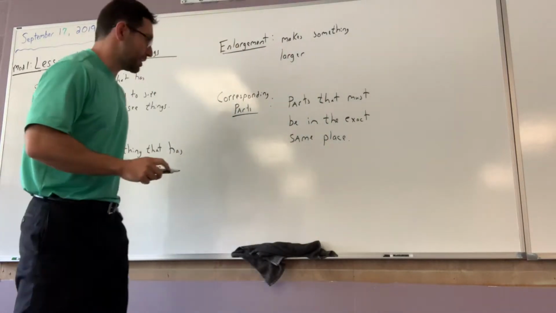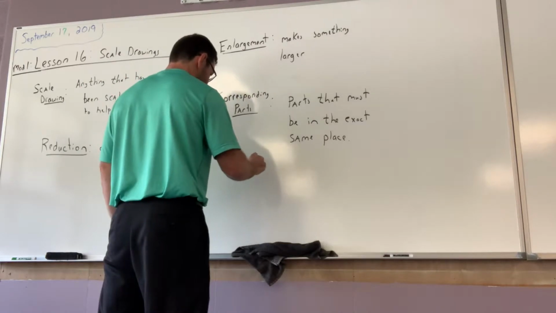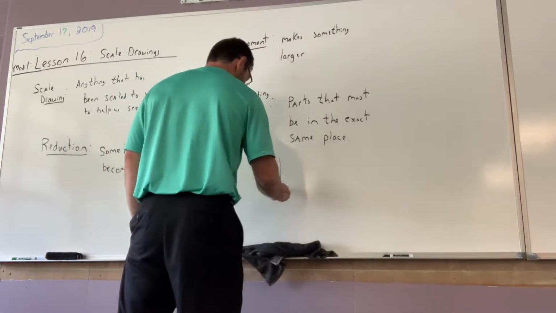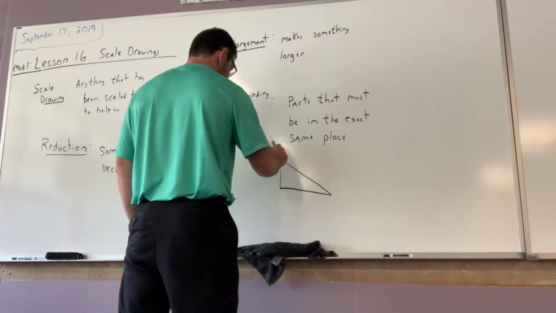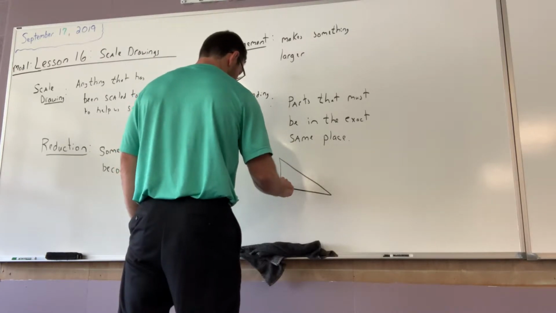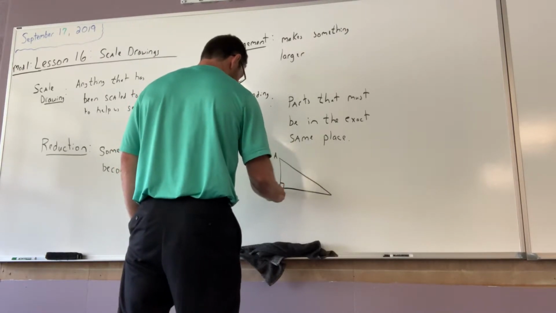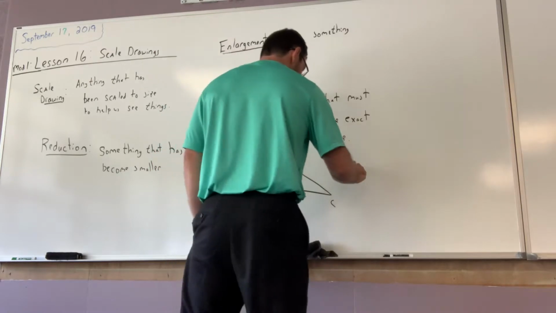So what do I mean by that? Well, here's our example. Let's say we've got this right triangle A, B, C, and it's a reduction.